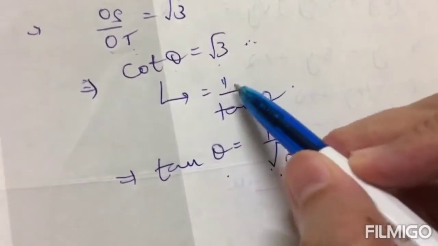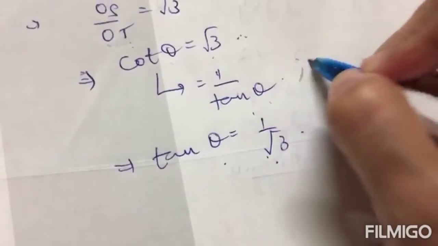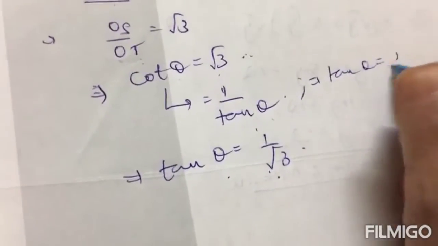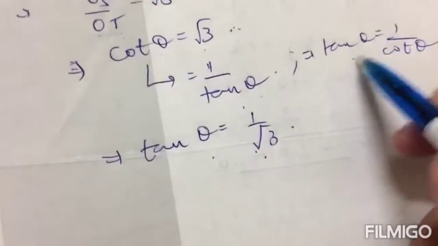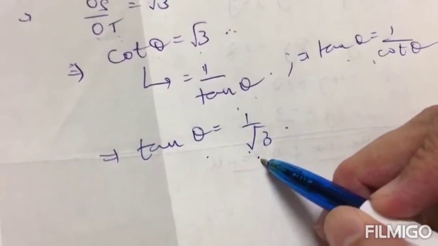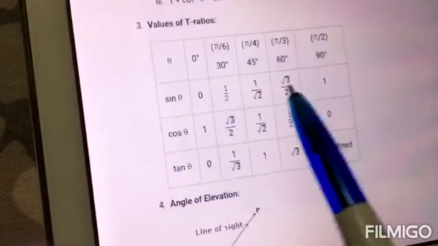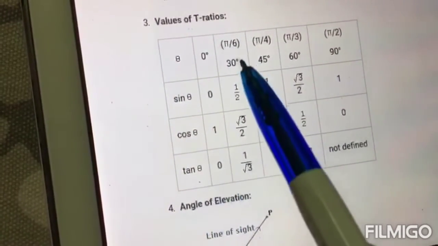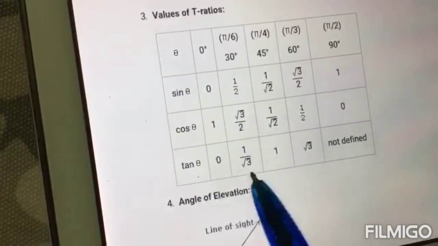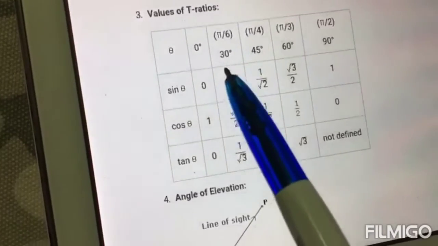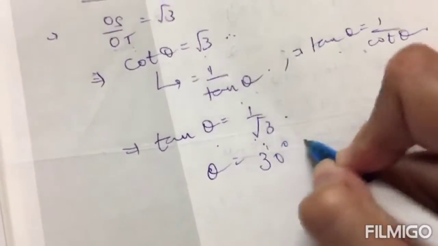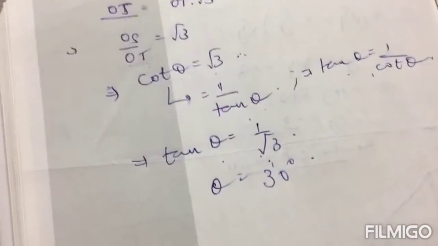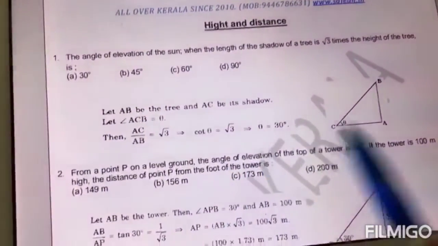Now, when we go into the values of t ratios, which value of theta will give you tan theta equal to 1 by √3? It is 30 degrees. Therefore, theta, or the angle of elevation, is equal to 30 degrees. And that is the correct answer.